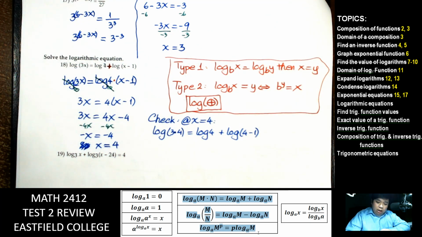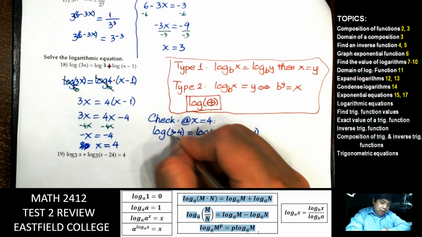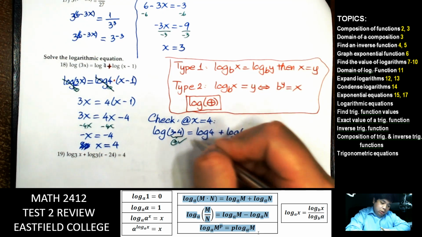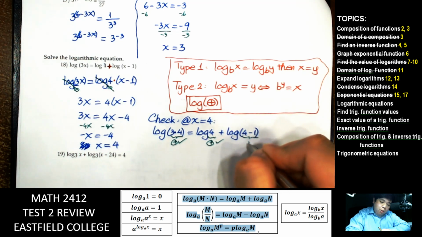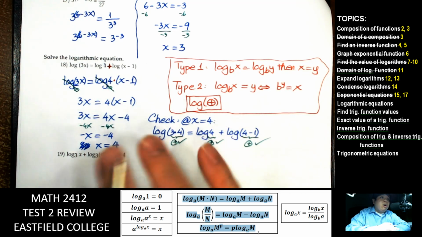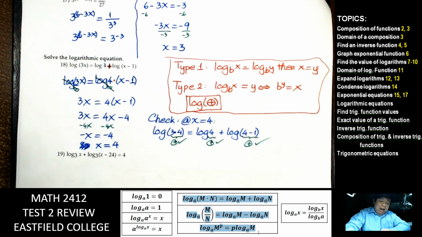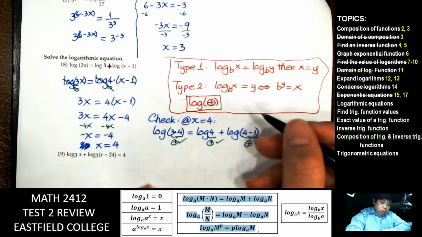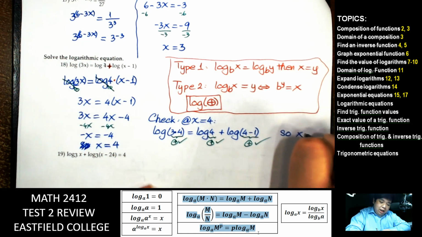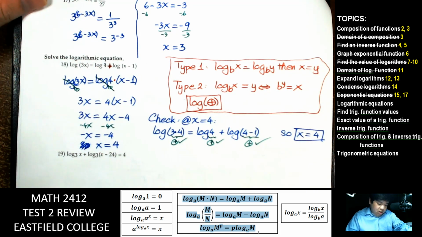Now we see that this is positive, which is good. That is positive, it's good. This is also positive, it's good. So we confirm that everything inside each log is positive. So that solution is good. So we say x equal to 4 is the solution.